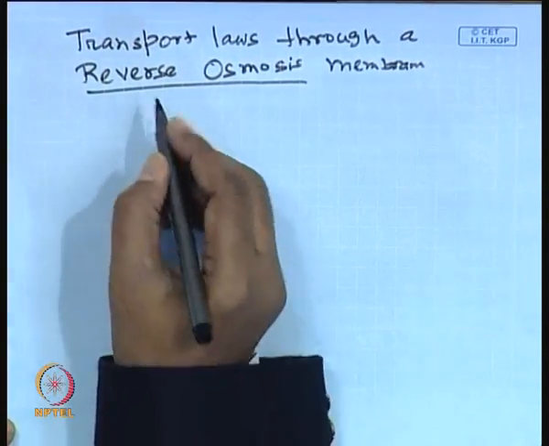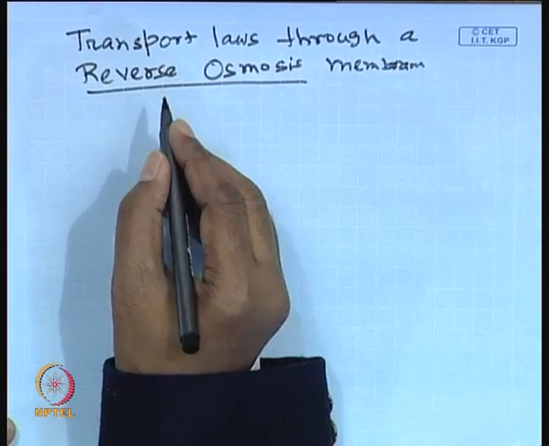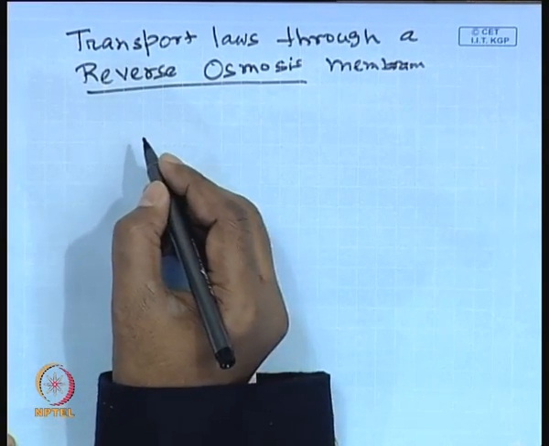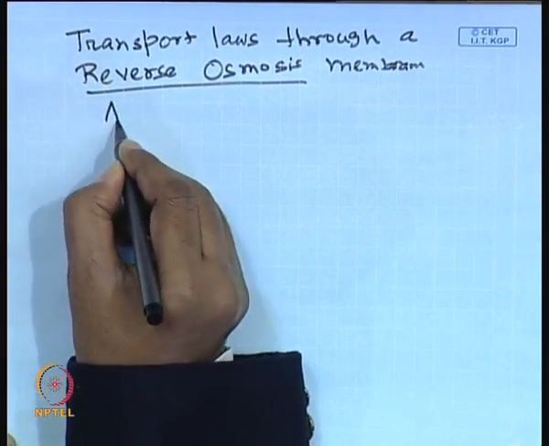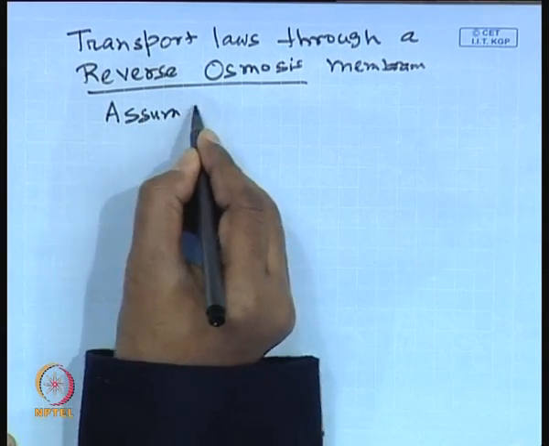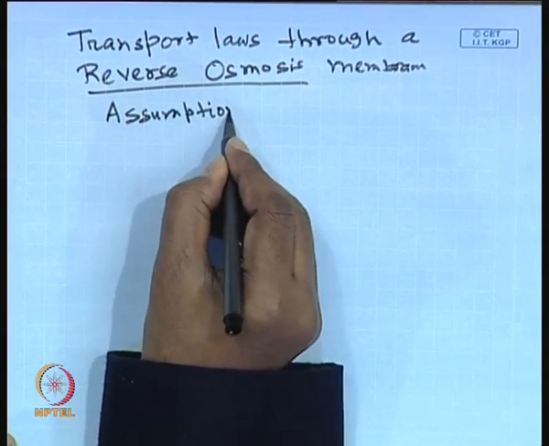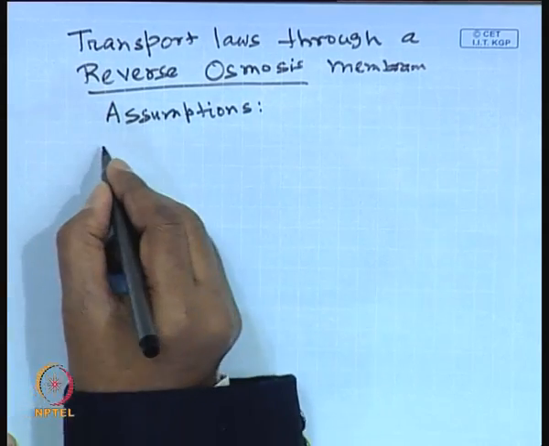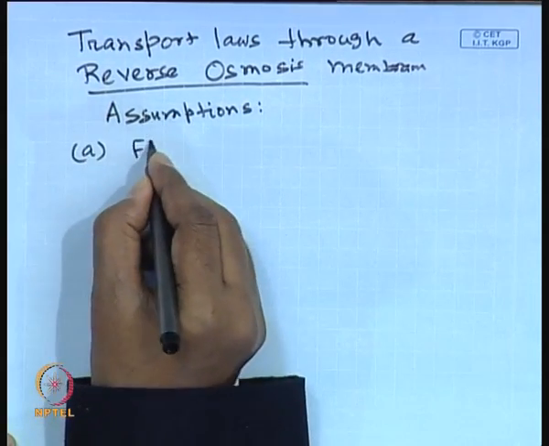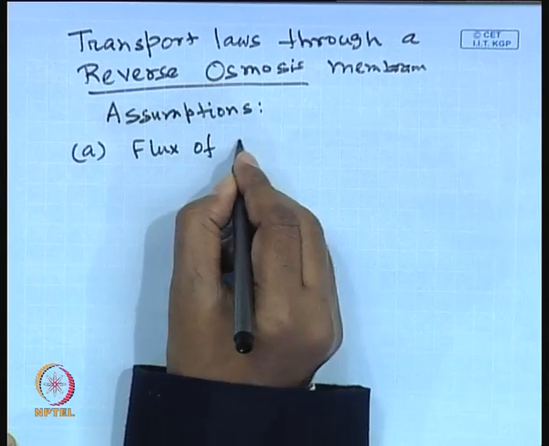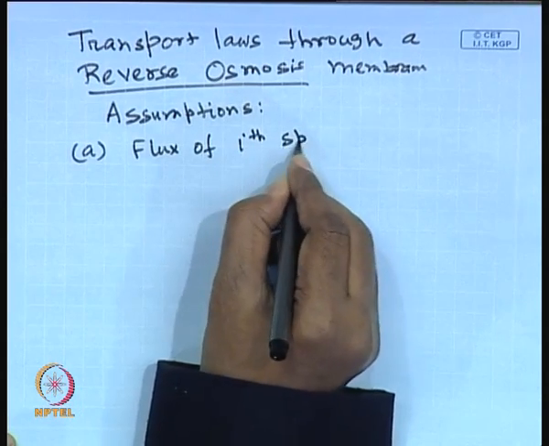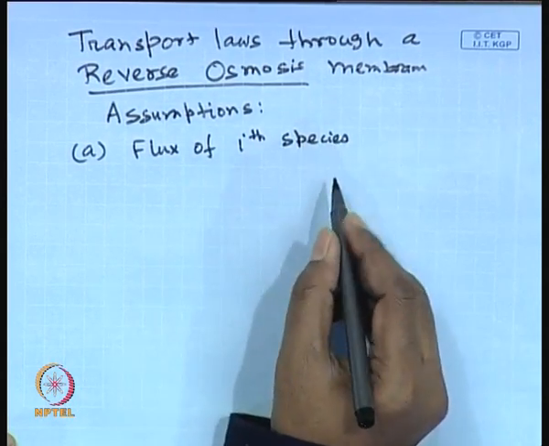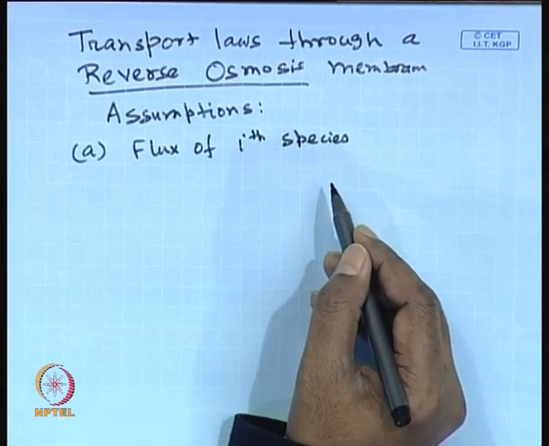First, we talk about the transport of solvent and solute both. Okay. Now, there are certain assumptions before we start looking into the theory. What are the assumptions? Flux of the ith species. What are the ith species? Different species: one is the solvent and the other is the solute.